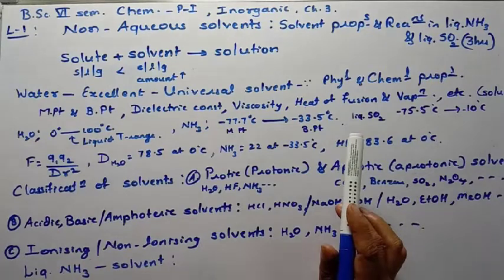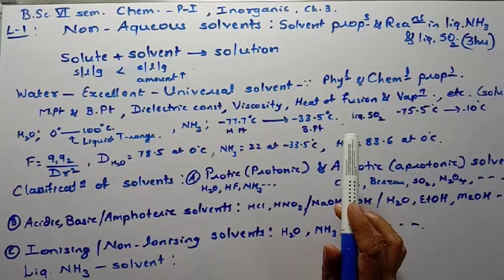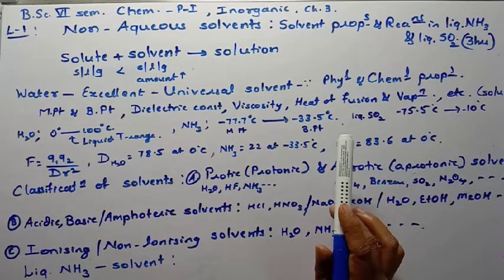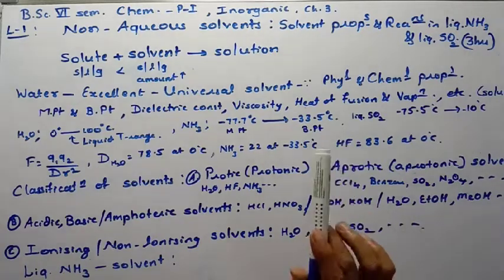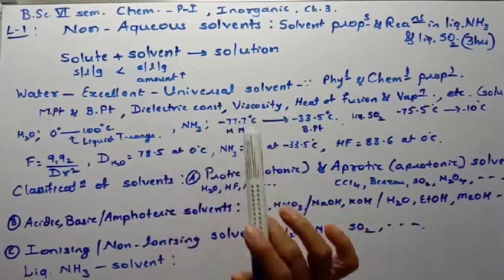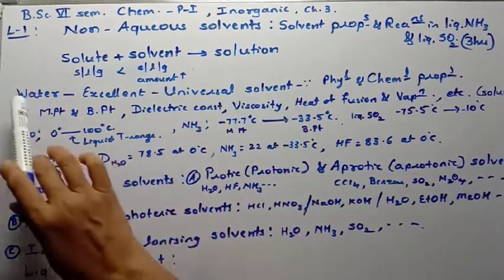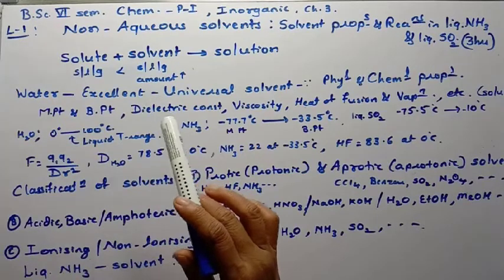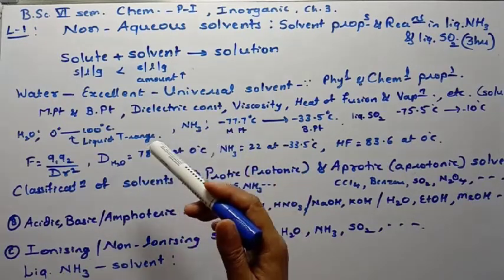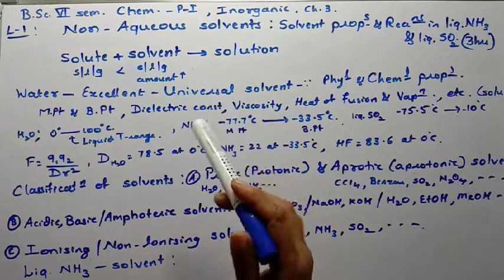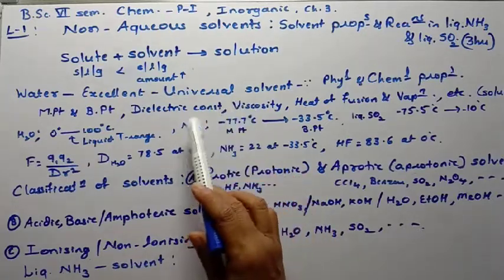It dissolves most compounds, and it also has a very high dielectric constant and a very high liquid range temperature. With all this, water is taken as a universal solvent. It dissolves the maximum number of salts, is non-toxic and non-poisonous, and has a high dielectric constant.